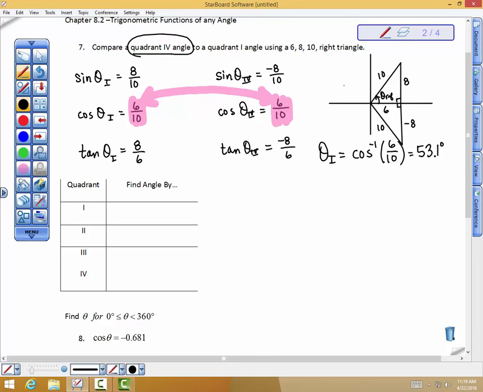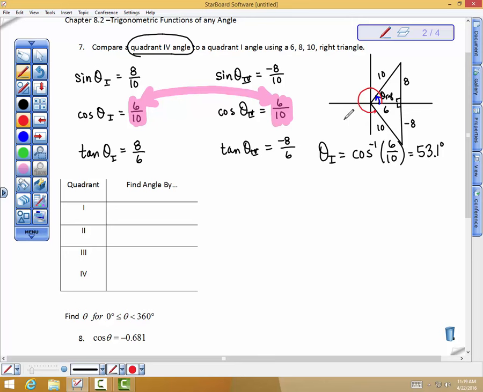My picture even kind of shows that this angle is a 53.1 degree angle. My calculator doesn't know how to find this 90, 180, 270, more than 270 degree angle. It does not know how to find that.